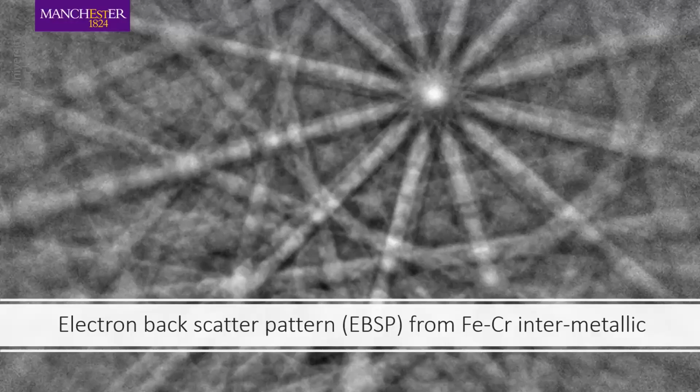Then this is a pattern that I want to show of an iron chromium intermetallic, where you can see typical bands here, and this is a zone axis in the middle here, where these planes meet and we get a point. Actually, from crystallography, the bands are used for the indexing.